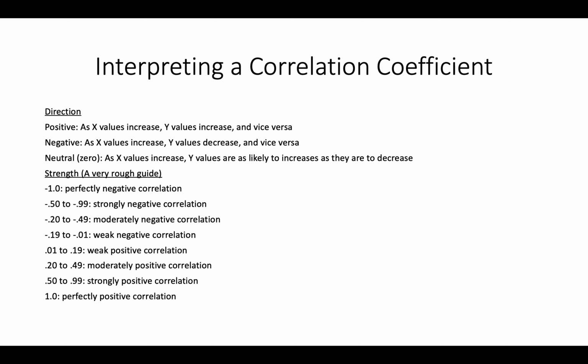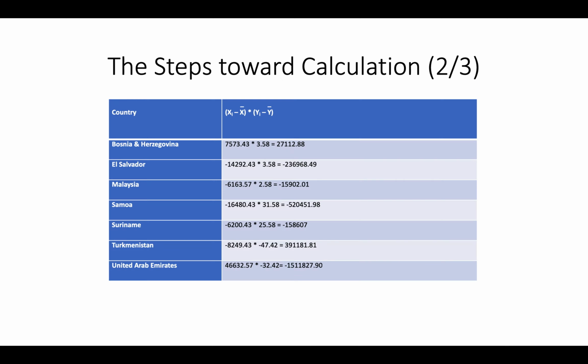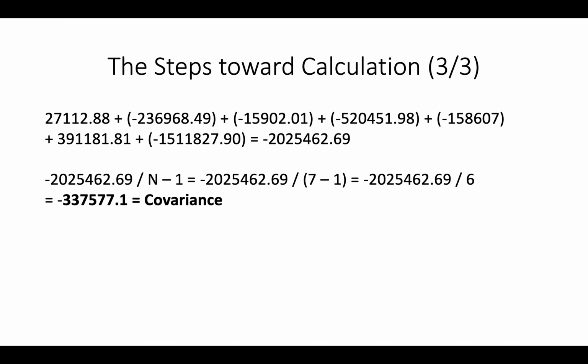And if it's neutral or a near zero calculation, then there isn't any discernible direction, and any line that is attempted to be drawn tends to be a relatively horizontal flat line. Well, we can see from our calculation, to go back for a moment, minus 0.53, it's definitely in a negative direction. And if we go back to the scatter plot, indeed it looks like it's very much a negative direction for this relationship. So that calculation is not surprising.